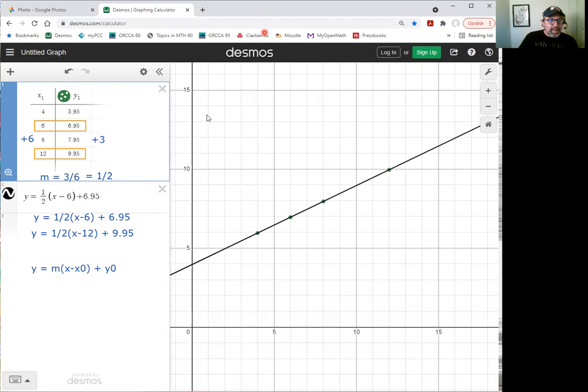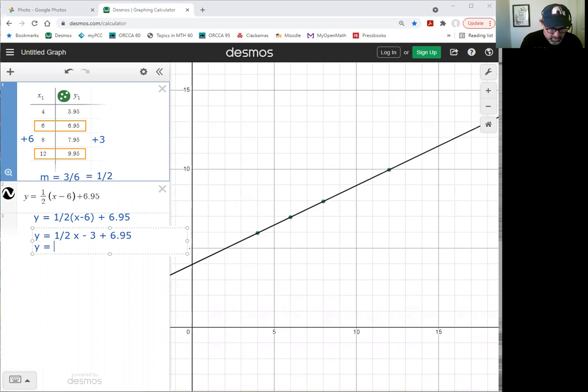If we did that with the equation that has the 6 and the 695 in it, just showing some steps here, we'd have y equals 1/2 x minus 3 plus 695. So that would be y equals 1/2 x plus 395.